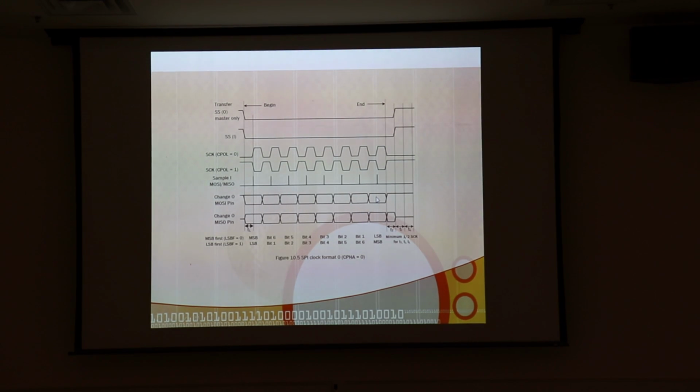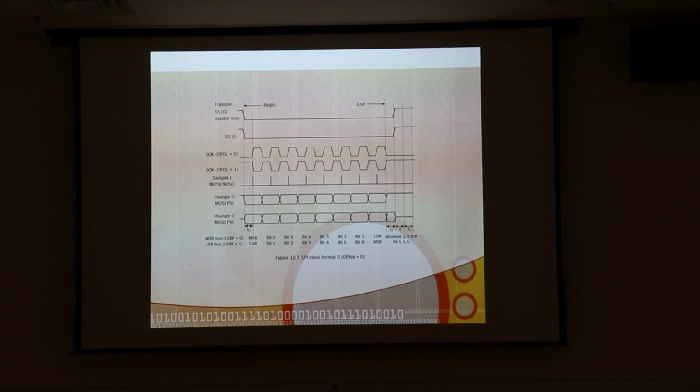The data from the master's shift register is shifted down the serial data out line, or the MOSI, into the slave's serial data in line, and then the data is shifted out of the slave, out of its serial data out line, or its MISO, into the master's MISO, or the master's SDI.